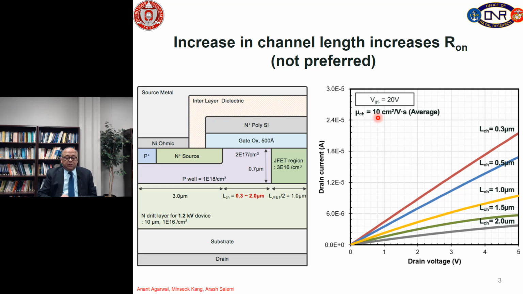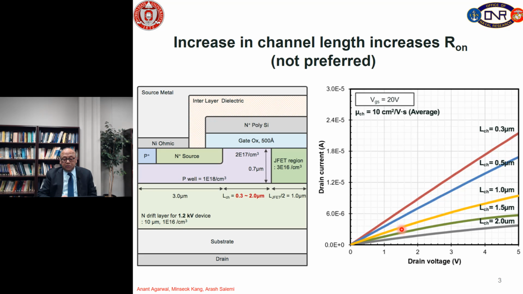We have assumed that the channel electron mobility is 10 centimeter square per volt second, and we are changing the channel length from 0.3 micron to 2 microns and plotting the on characteristics in the first quadrant, drain current versus drain voltage. And you can see as we increase the channel length, the current reduces at a given drain voltage.